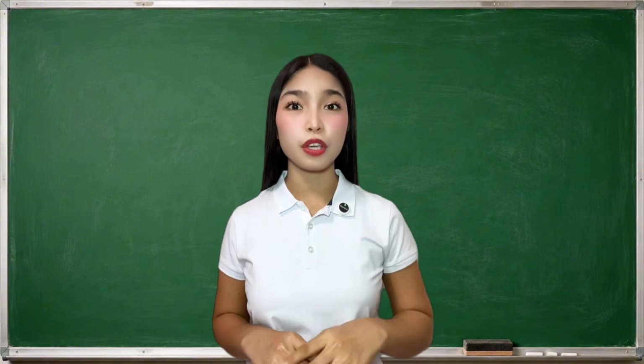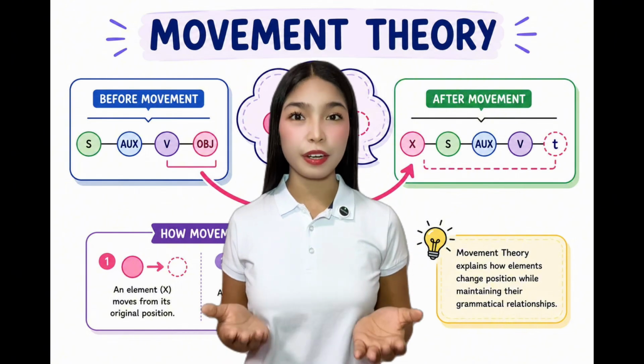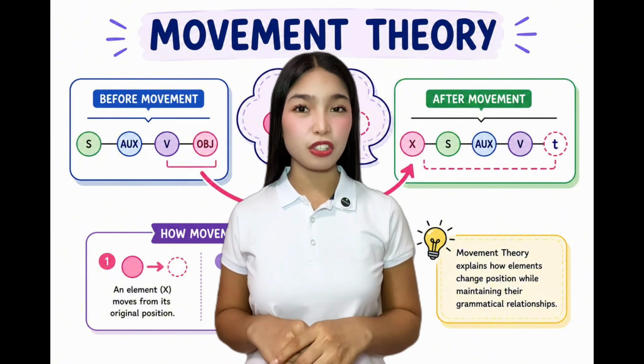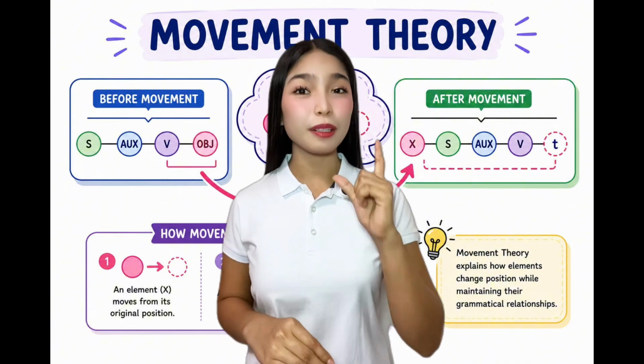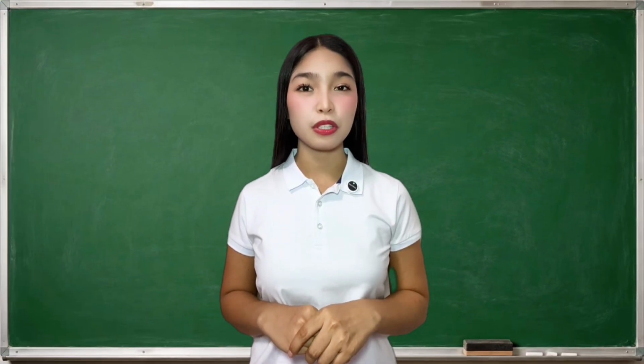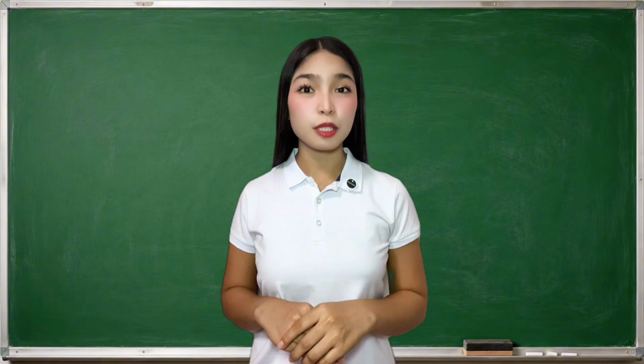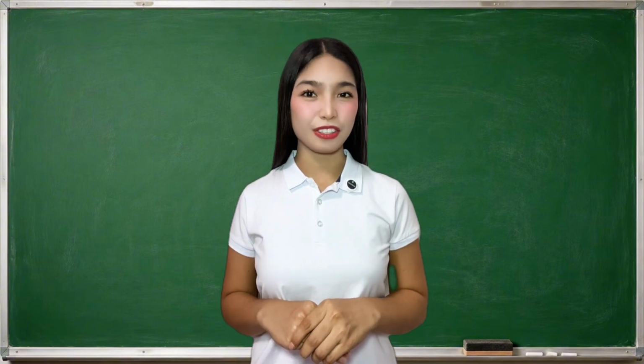One of those theories is the movement theory, which explains how words or phrases change their position within a sentence while preserving the intended meaning. By the end of this discussion, I hope everyone will be able to understand why movement occurs and how it helps explain the English sentence structure.